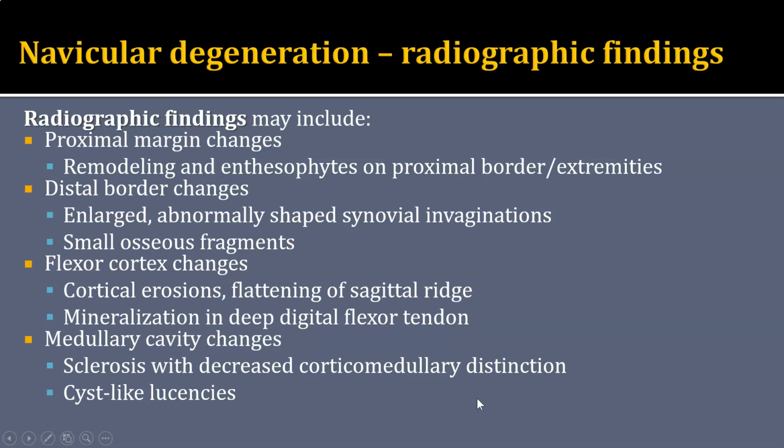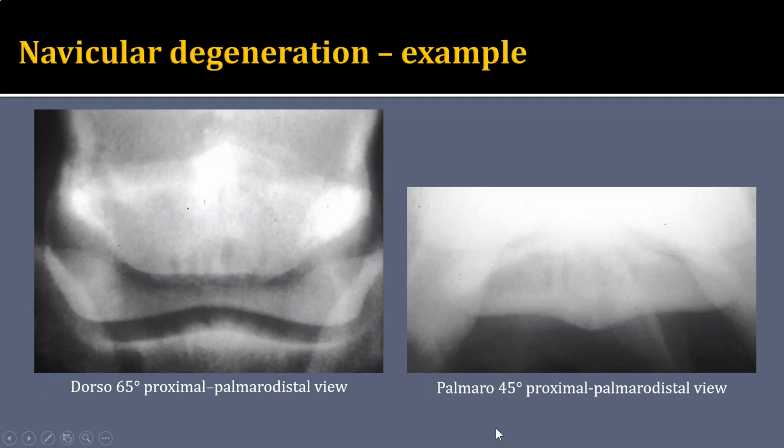And I do want to draw your attention to the Thrall textbook reference, page 555. There's a diagram of these abnormalities that we might identify and a discussion, and I think that could be helpful for you to look at as you're thinking about this disease.